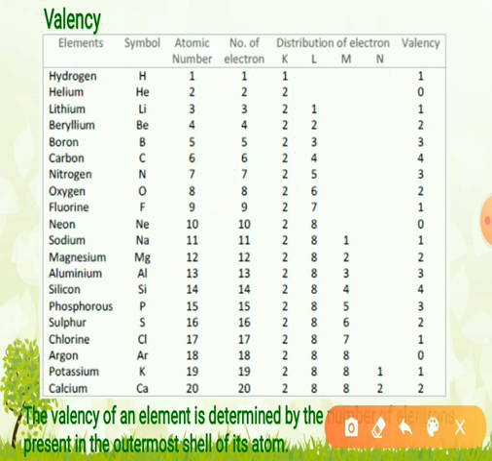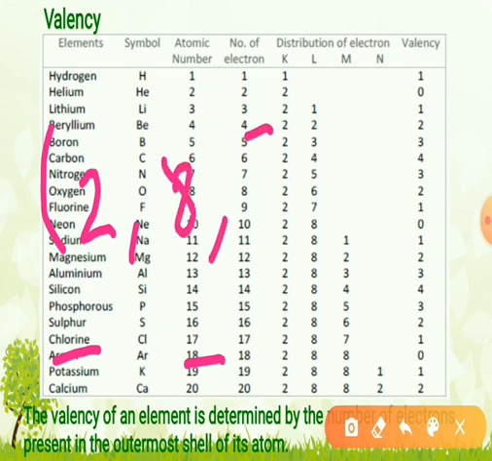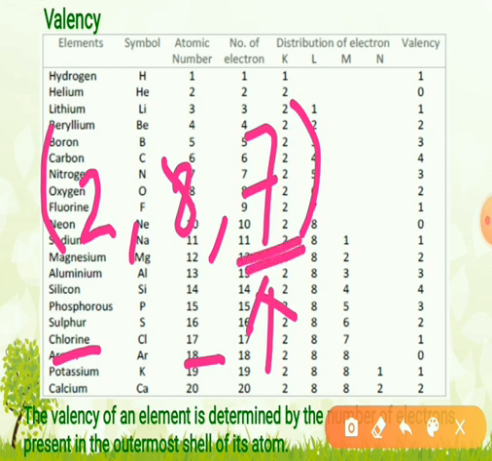Next example, you can consider chlorine. The atomic number is 17, so the electronic configuration is 2, 8, 7. Here you need 8 electrons to complete its octet. So it is easier for chlorine to accept 1 electron and become a Cl- ion.